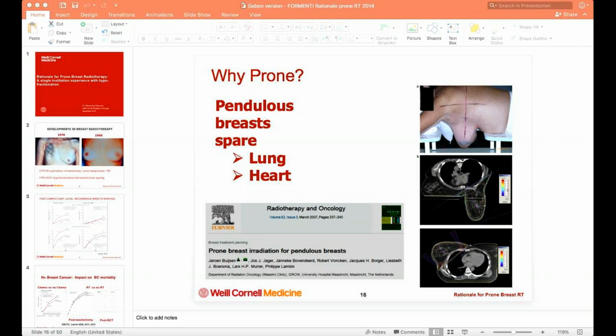So move the field probably up to 25 fractions: move the tangential field immediately, and move the electron field immediately as well, so that you don't have a hot spot that compensates for any cold spots that developed. So it depends. A question about if you use the posterior border of the tangential field to cover it, what amount of the lung would be included.